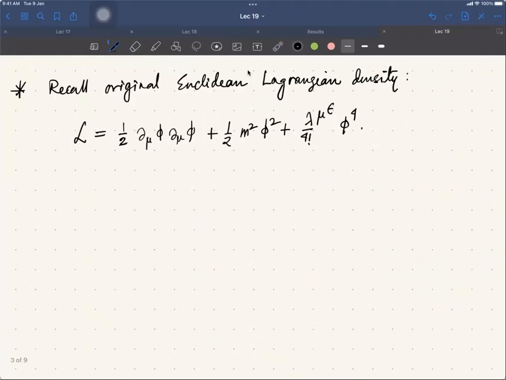And so we are removing the bar, as we have done several times before, removed the bar from notation to reduce clutter.